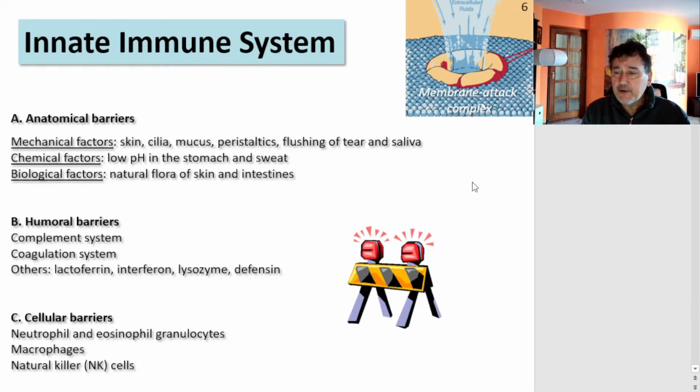Interestingly, the coagulation system also plays a role in the immune defense. And there are some secreted products such as lactoferrin, interferon, lysozyme, which I mentioned, and defensin. For example, lactoferrin plays a very interesting role. Lactoferrin binds iron ions, thereby making these elements unavailable to the bacteria.